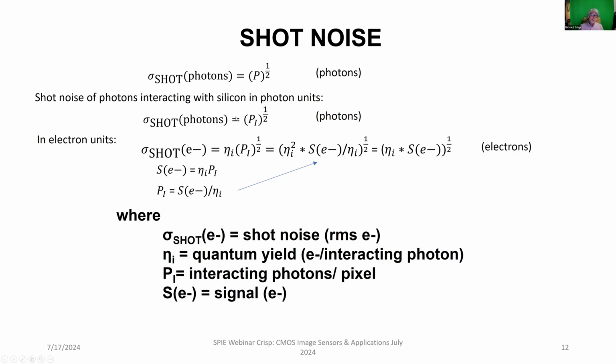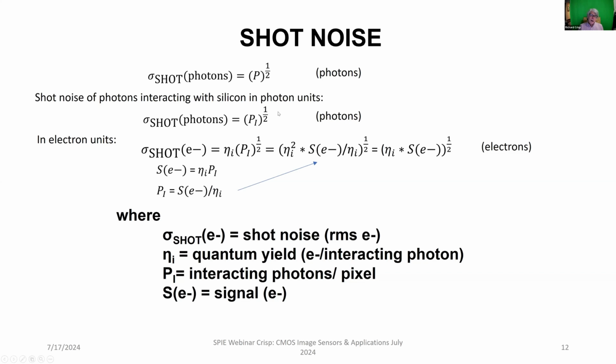Now, there's a shot noise of the photons that actually interact with the silicon. Not all of the incident light will interact with the silicon, but of that which does, you have a shot noise associated with that also equal to the square root of the number of incident photons. I think I failed to say that initially about the Poisson relationship, but that value is equal numerically to the square root of it.